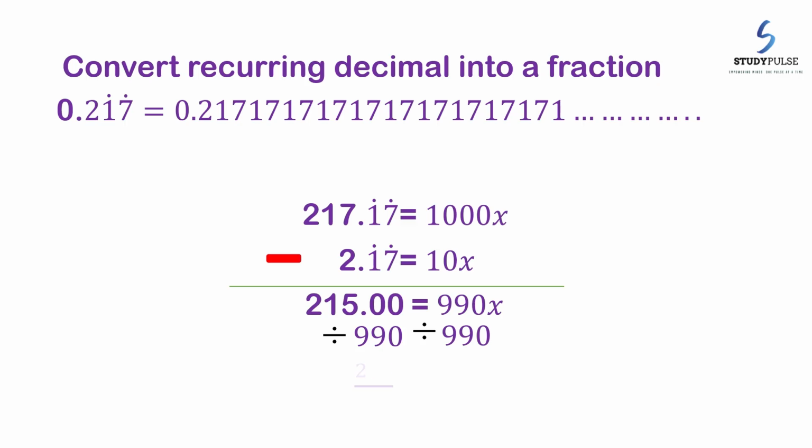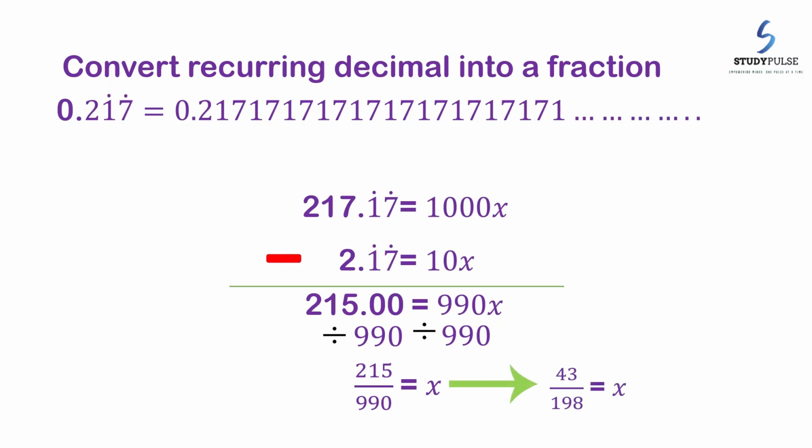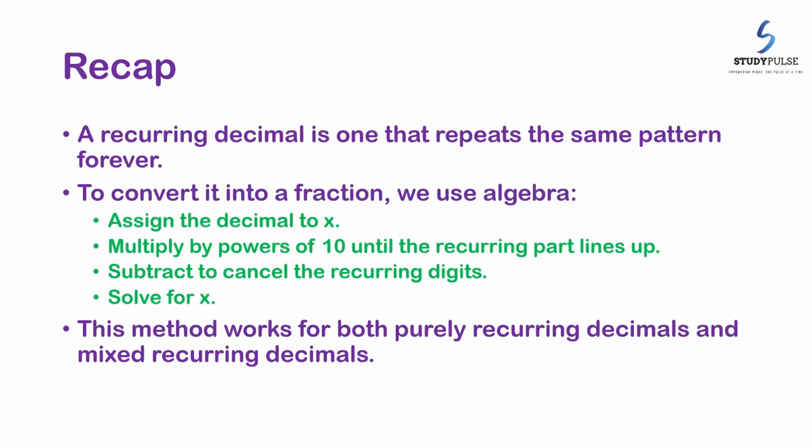So you divide both sides by 990, and that gives you the fraction as 215 over 990 equals x. In most exam questions, they will ask you to simplify the fraction. If you simplify this further, that becomes 43 over 198 equals x. So 0.217 recurring is the same as 43 over 198.